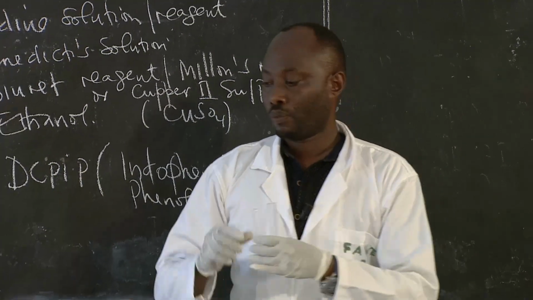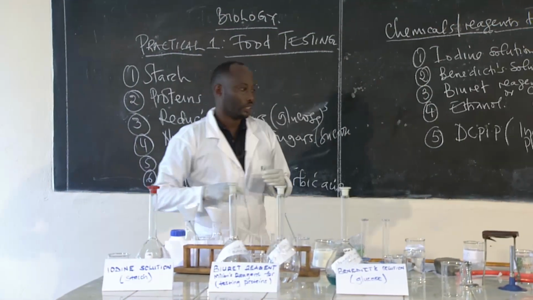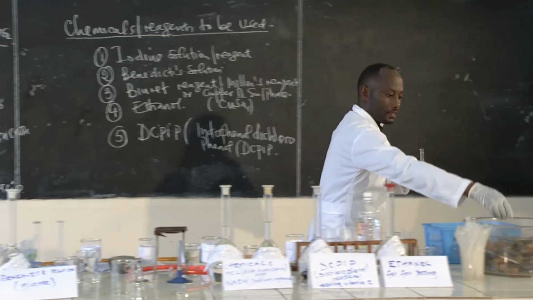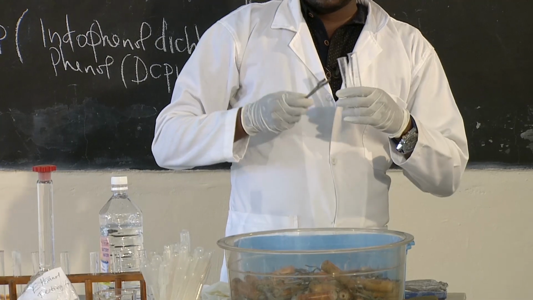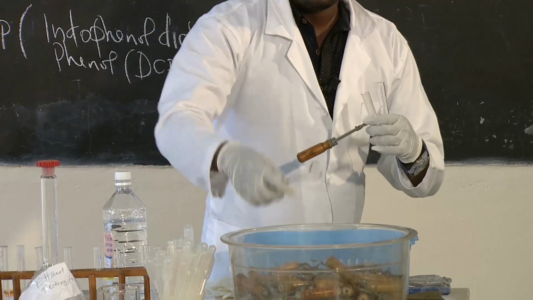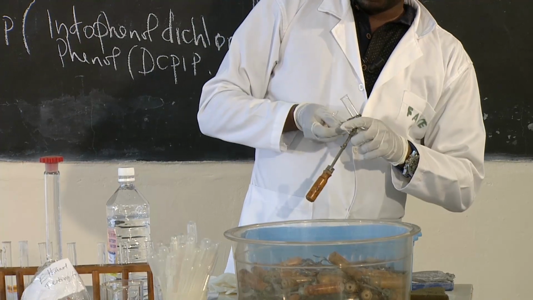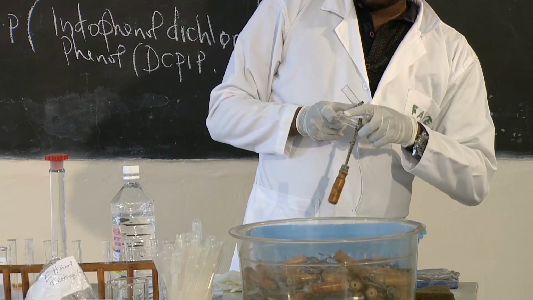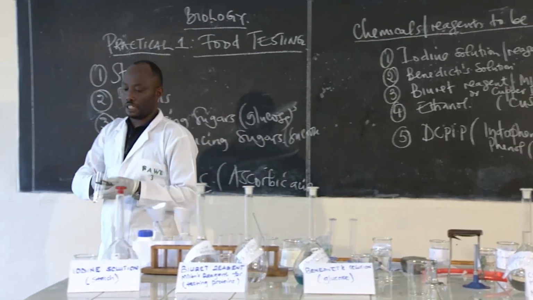Now we are going to add the iodine solution. We have test tube holders. Let us get the test tube holders so we can observe clearly. What do you use to test starch?